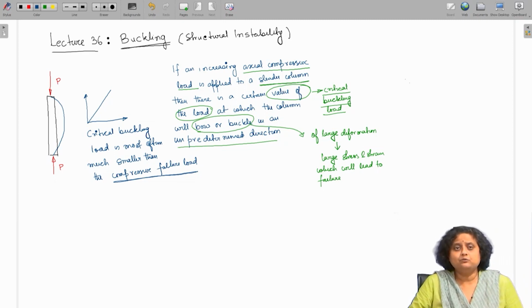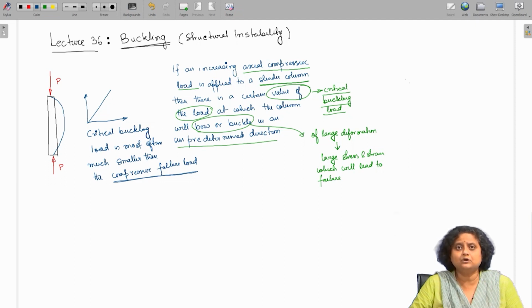But now, if we have a slender column, the column is going to fail at a load which is much lower than the compressive failure load, and that load is due to the buckling failure of the column, and that is called the critical buckling load. So, buckling is predominantly a concern for slender columns.